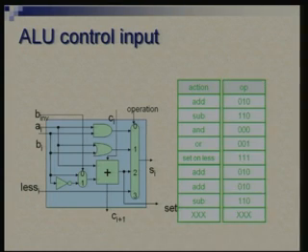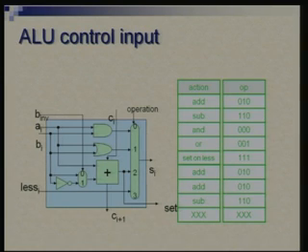I am assuming that the leftmost bit out of the 3 bits is B invert, and the other 2 bits control the multiplexer. So, 0 0 if you want the top input, 0 1 if you want the next input, 1 0 and 1 1. So, for the AND operation, B invert is 0. Actually, one could put it as don't care.